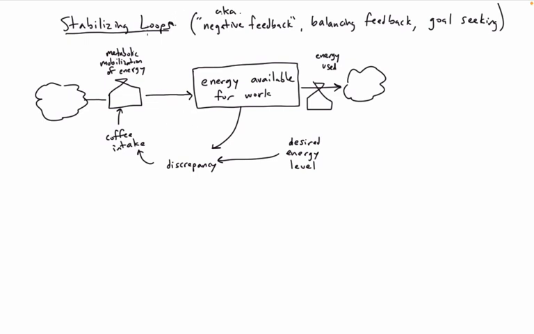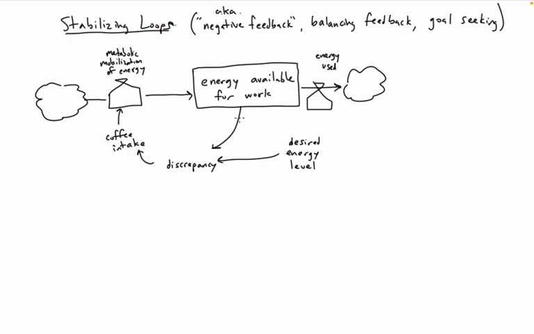Okay, so how is this a stabilizing loop? Although we've drawn arrows that indicate a chain, these loops can have different qualities. I was saying this is a stabilizing loop.